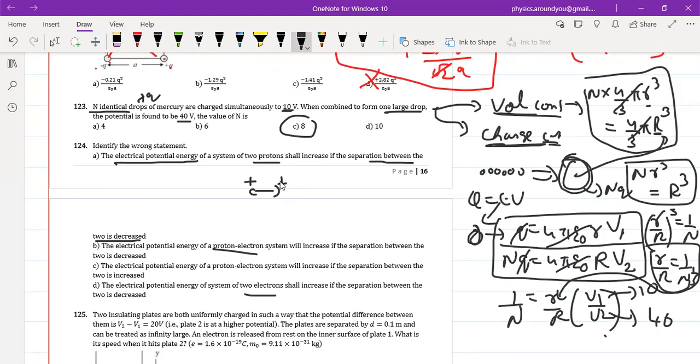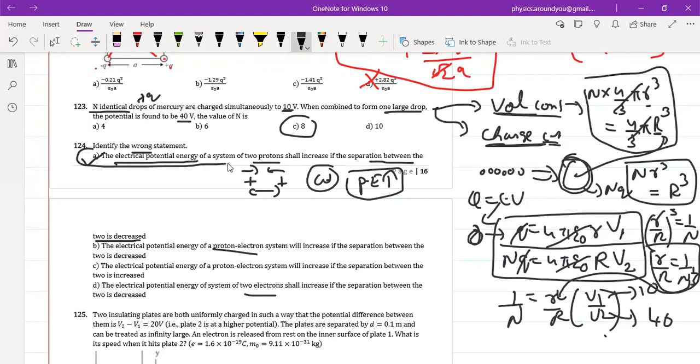If I try to pull them closer, they both repel. Therefore, I need to put in some work in order to do that. That work will be stored as an increase in the potential energy, right? So the first statement is correct, but I want the wrong one.